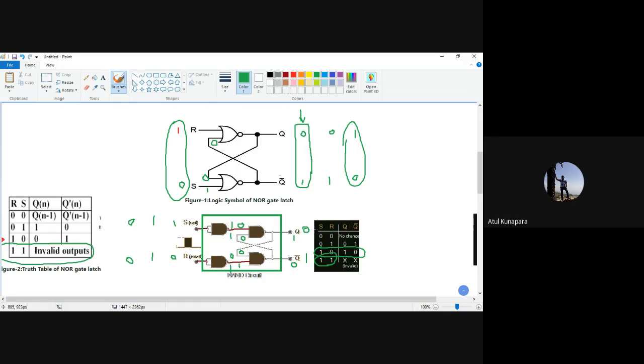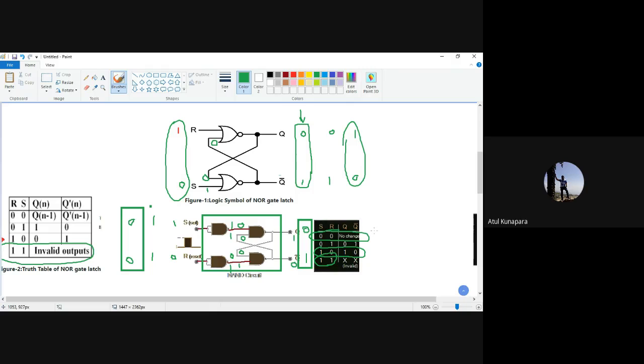So 1 1 will make your output remain 0. That means if it is 0 1 earlier, it will be kept as it is. For the case we are talking about, when the 0 0 input combination is given here, it will not get any change, and that's why it is written no change will come if you are applying this condition.